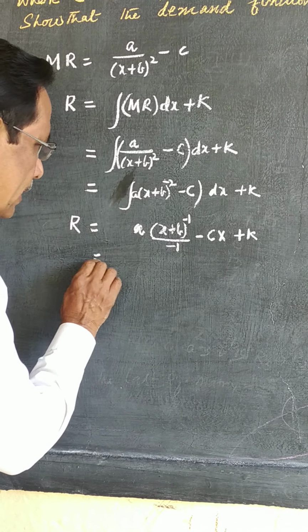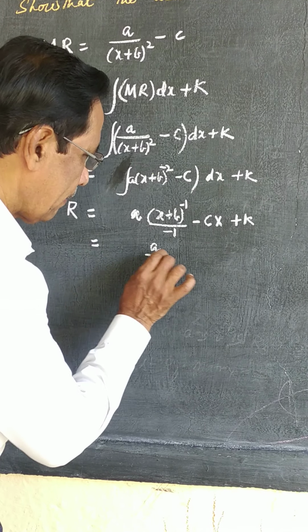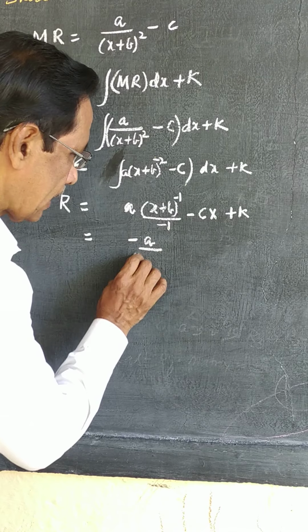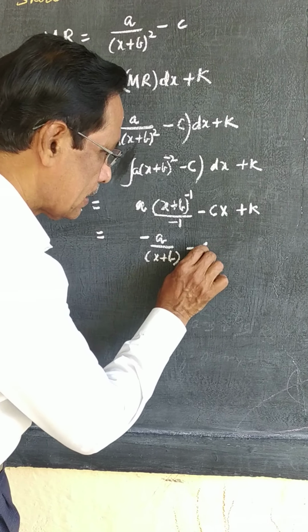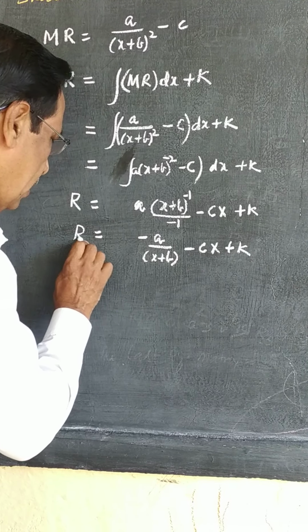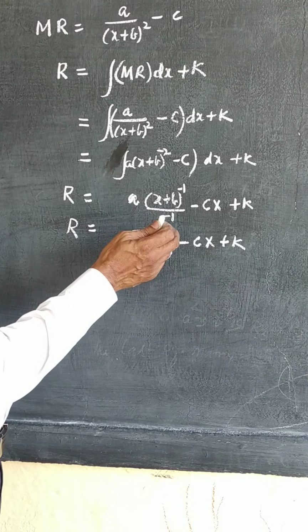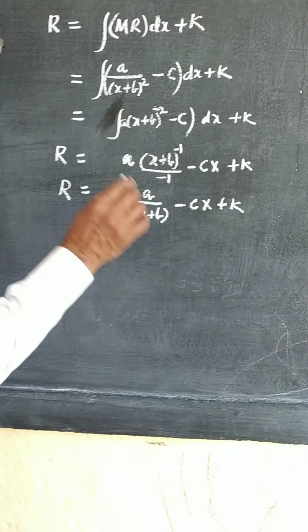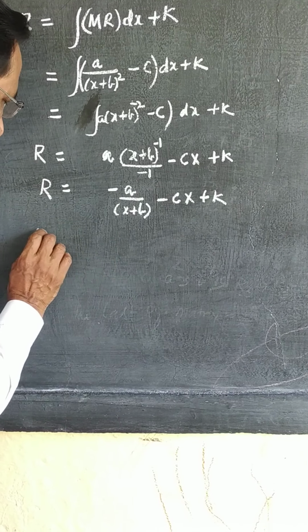Now we can simplify this further as minus A by (X plus B) power 1 minus Cx plus k. This is R. To get the value of k, as I already told you in the previous class, you have to put always x is equal to 0 and R is also equal to 0.